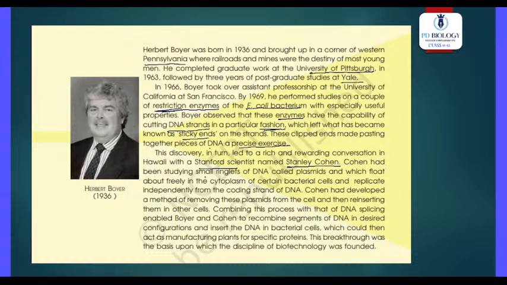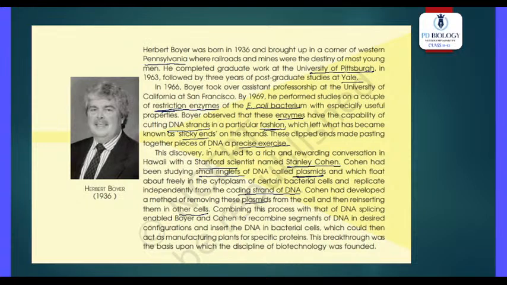Cohen had been studying small ringlets of DNA called plasmids, which float about freely in the cytoplasm in certain bacterial cells and replicate independently from the coding strand of DNA. Cohen had developed a method of removing these plasmids from the cell and then reinserting them into other cells.